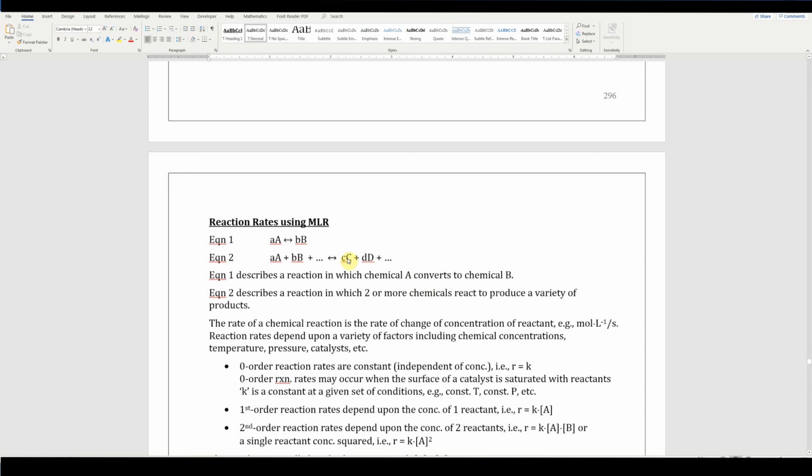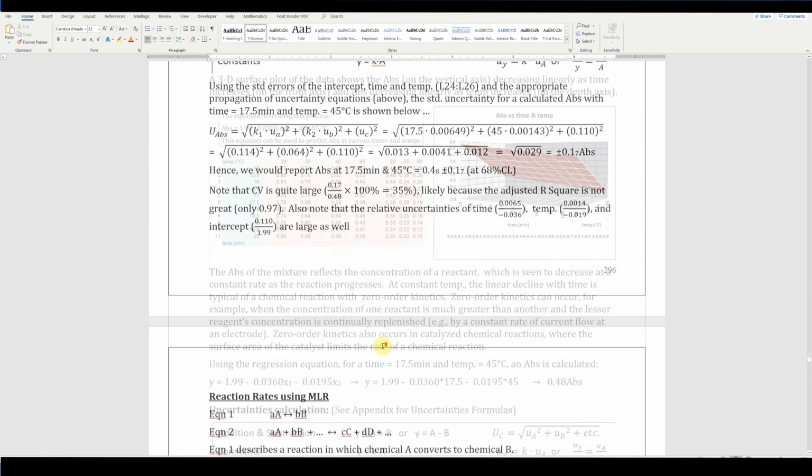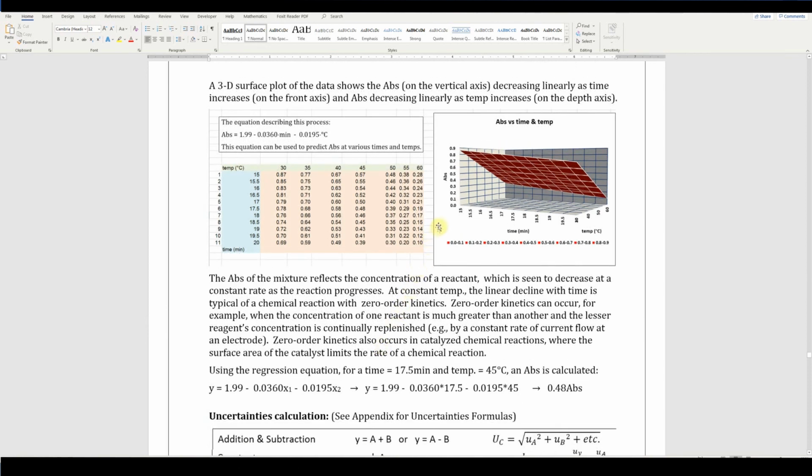Page 297, an application for using multiple linear regression for another kinetics experiment. We discussed previously how the rate of decrease of concentration of a reactant was linear with respect to time and temperature, and we described this as being a zero-order kinetics reaction, which is really the simplest kind.